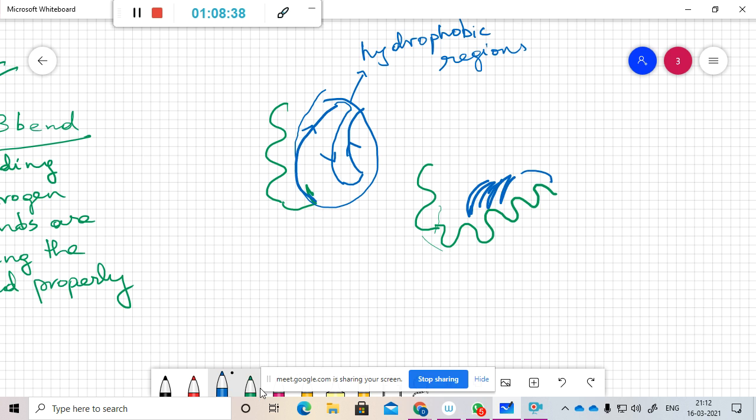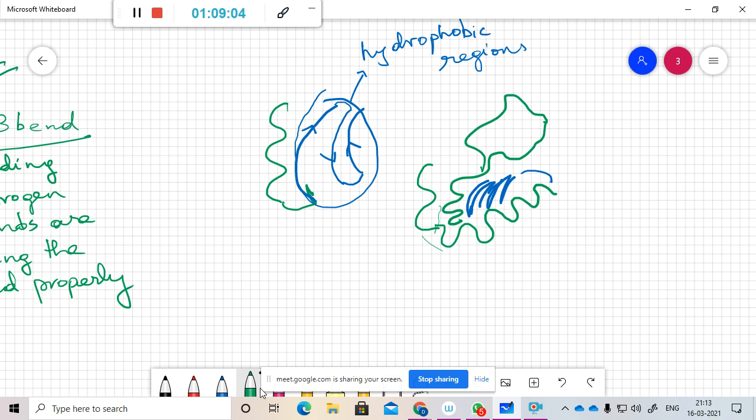Then again alpha helix comes, it comes outside, then suddenly there is an alpha helix region which is hydrophobic, it will go inside. So irrespective of whether it is an alpha helix or beta bend, hydrophilic will be outside and hydrophobic amino acids will go into the center.